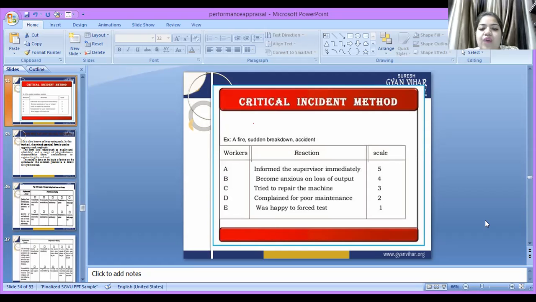Grading is 5. Becoming anxious about loss of output is 4. Trying to repair the machine is 3. Complaining about poor maintenance is 2. Being happy to force taste is 1. So according to their reactions, they appraise their performance on a scale of 5, 4, 3, 2, 1.